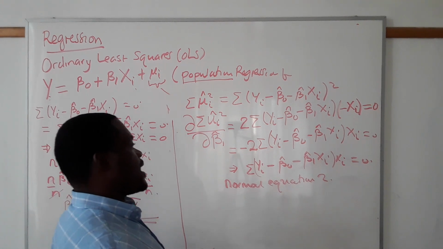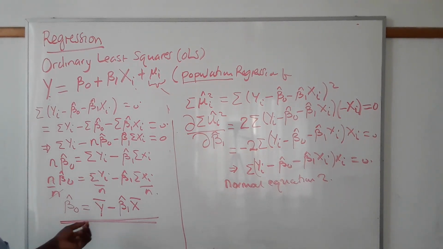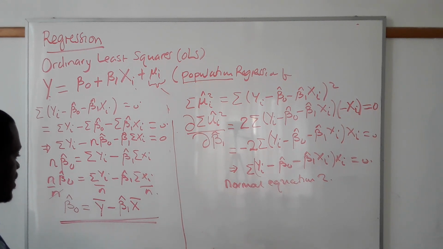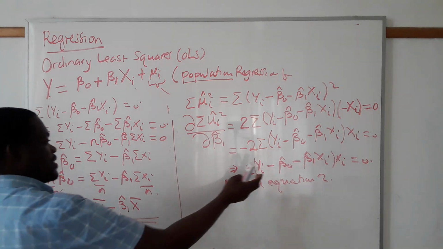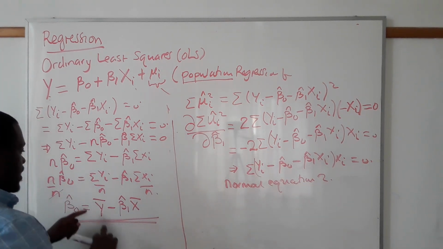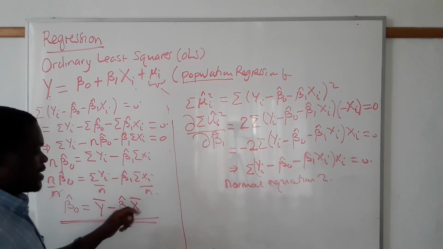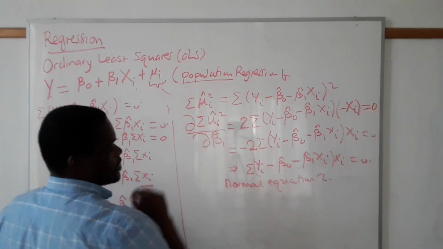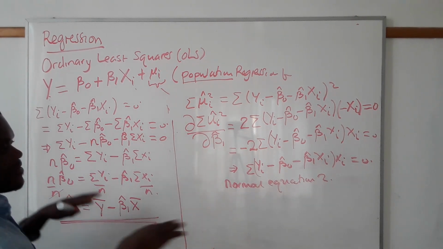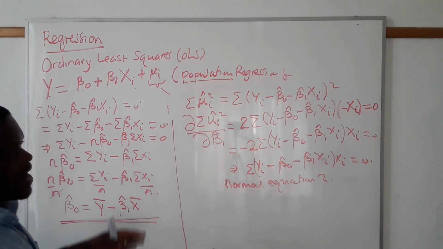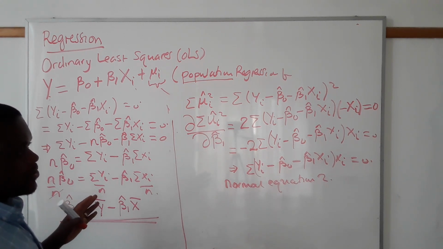From what we have done so far, we already know how to find beta hat naught, because we have a system of simultaneous equations here. So we can use the method of substitution. In this expression, we can put y bar minus beta hat 1 x bar in place of beta naught, so that everything is now in terms of y and x and beta hat 1.